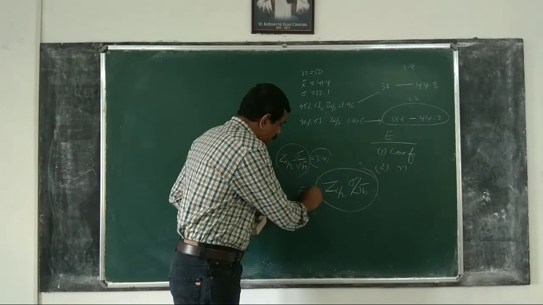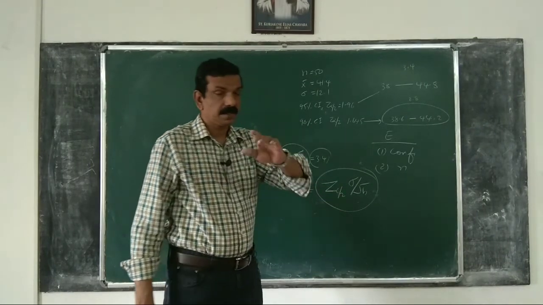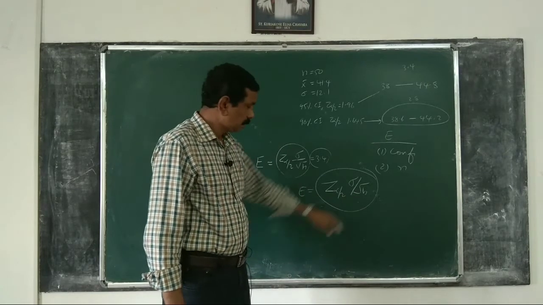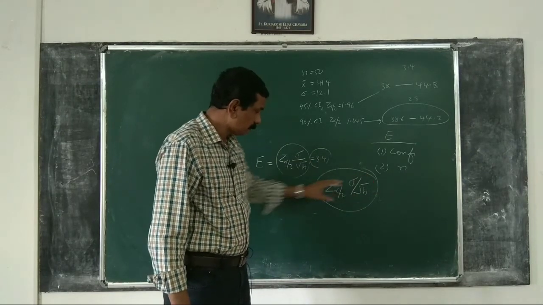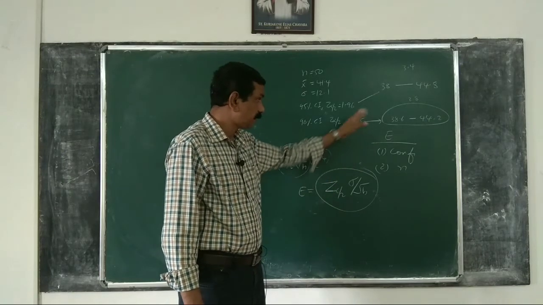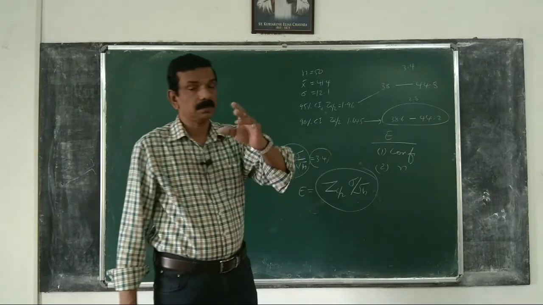Margin of error depends on two things: one, confidence level; two, sample size. Increase the sample size, margin of error decreases. Reduce the confidence level, margin of error decreases. Remember these two points.